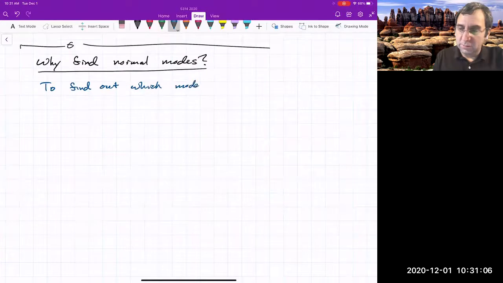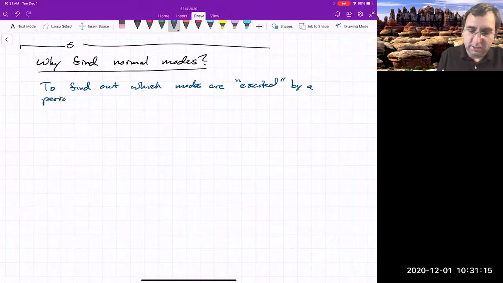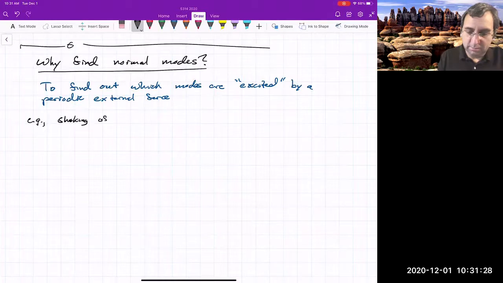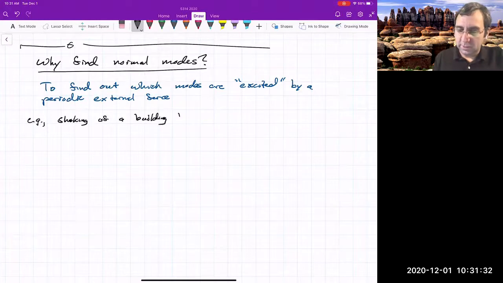So this is to find out which modes are excited by a periodic external force. So, for example, the shaking of a building by seismic forces, earthquakes.